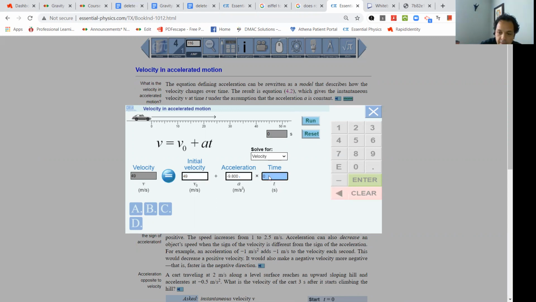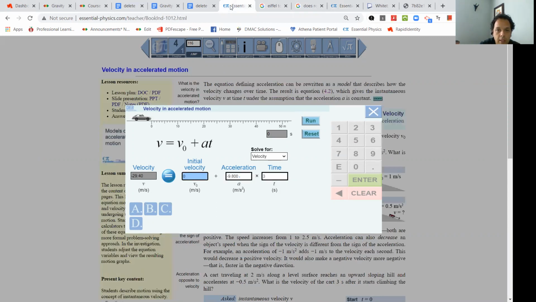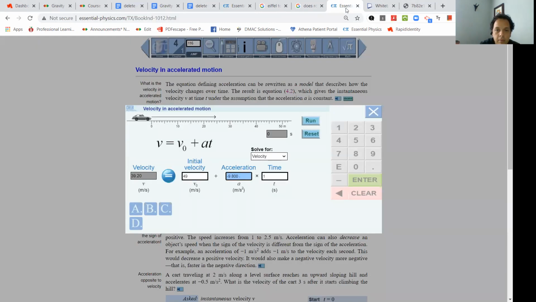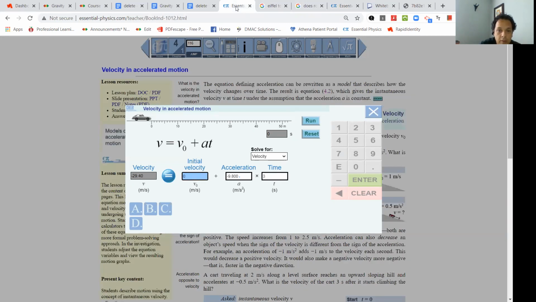And then what's the next one? At 1 second, we have 39.2. Gotta make sure that's correct. So this is going to be 39.2. Makes sense. How about at time 2? Now I got 29.4.